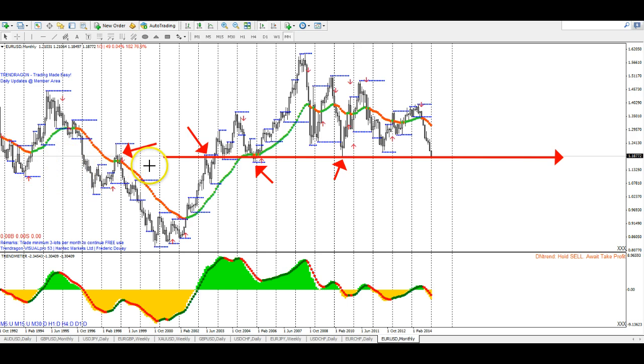If we look at the weekly, as we did earlier and will do later, it actually shows that that level is extremely strong. So before breaking it down significantly, it would be better to see a retracement back up before a breakdown.